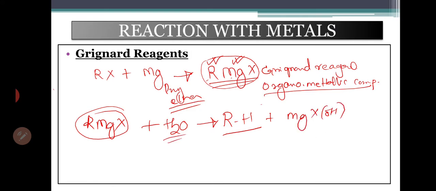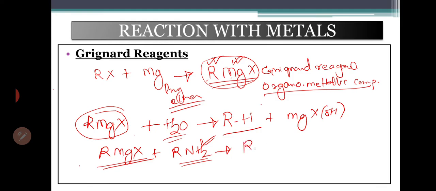Not only water, but any solvent which is a source of proton, like alcohol or amines, will also react with the Grignard reagent and give the corresponding hydrocarbons.